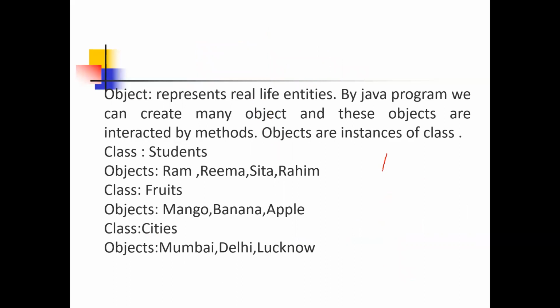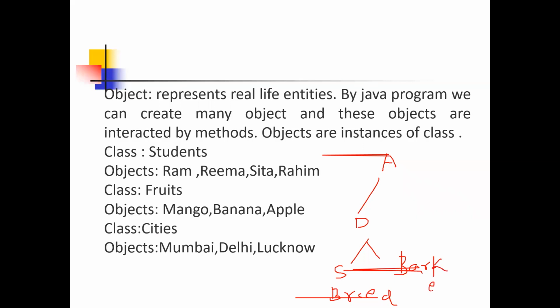For example, class animal, then we have taken dog as the object. In dog, the state is the dog's breed, which type of dog it is. And behavior is barking, eating.